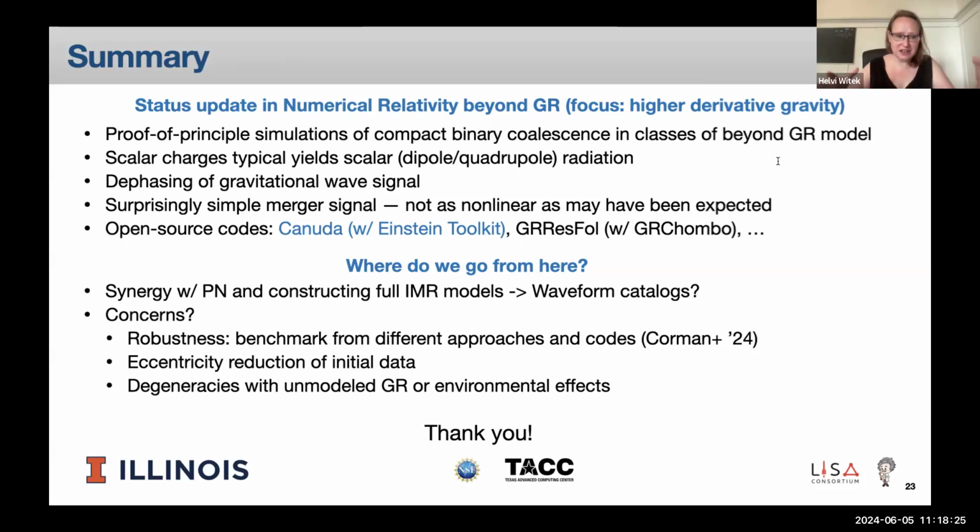They just started with a set of parameters, and at least in some cases, I know that they haven't been thinking about it very carefully because it really was a first proof of principle. We can do these simulations in the first place. And now the next step, especially if we want to use those waveforms for data analysis, we need to think about eccentricity reduction. So this is a very, very good point, but I don't think this has really been done rigorously yet.